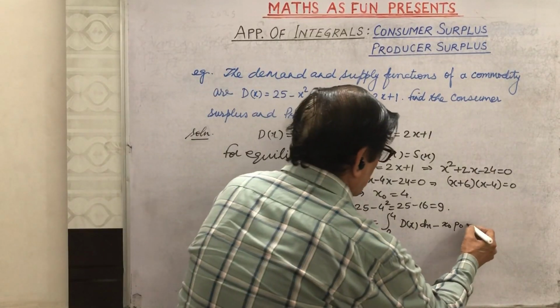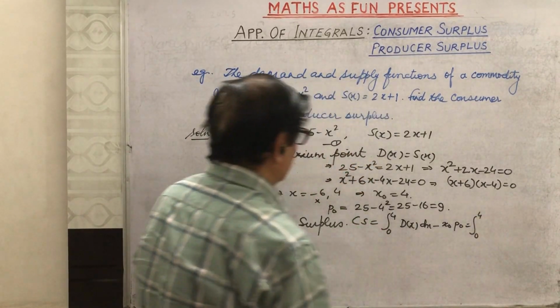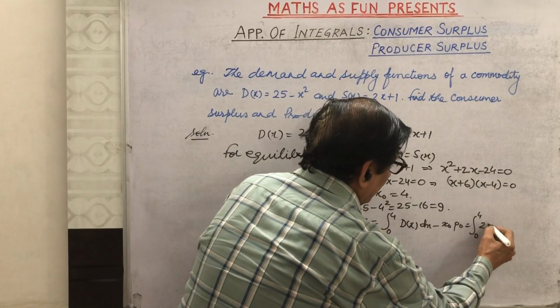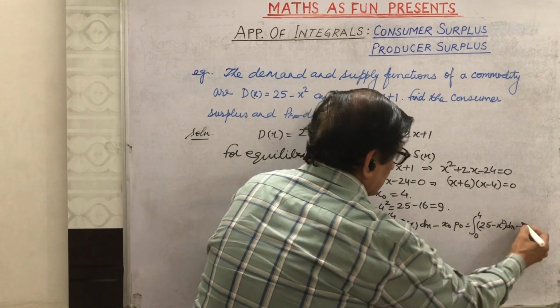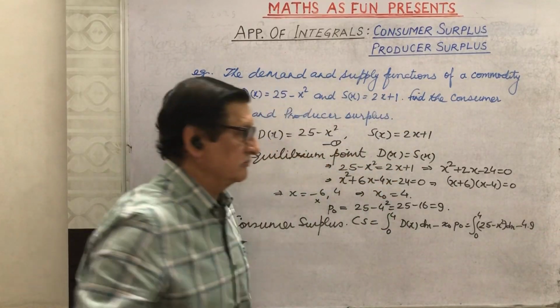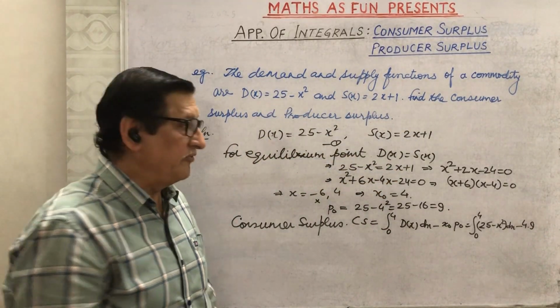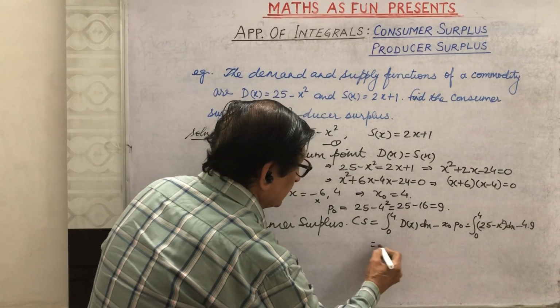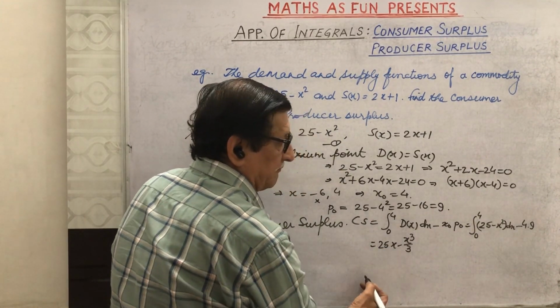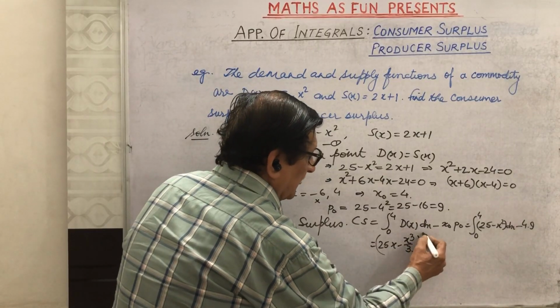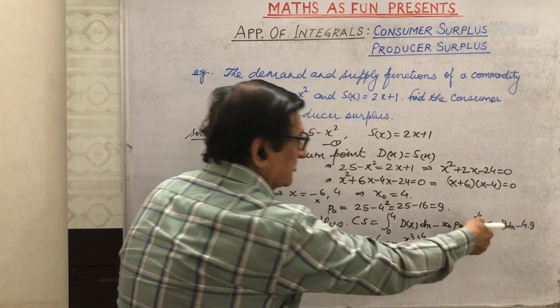It is equal to integral from 0 to 4 of 25 minus x square into dx minus 4 into 9. When we find the integral of this, that is 25x minus x cube by 3 from 0 to 4 minus 4 into 9, which is 36.